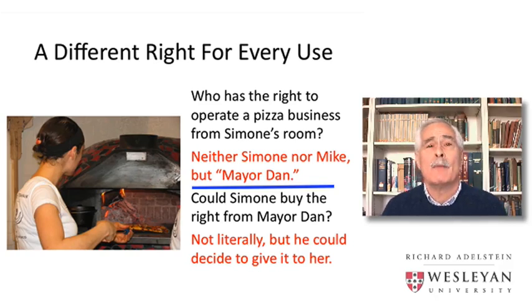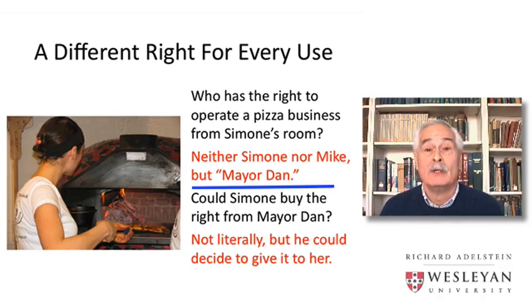So a zoning law might say all the buildings in this particular portion of a city will be residential buildings. Or it might say all the buildings in another part of the city will be commercial buildings. Or all the buildings in a third part of the city will be devoted to heavy manufacturing, and so on.